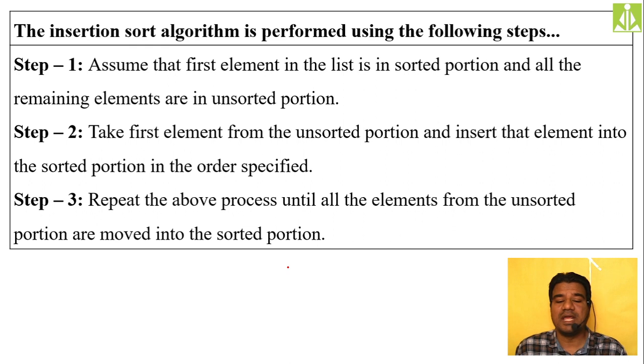Then take the first element from the unsorted portion and insert it into the sorted portion in its proper order, at the proper location. Repeat the same steps until all elements from the unsorted sublist are moved into the sorted sublist.